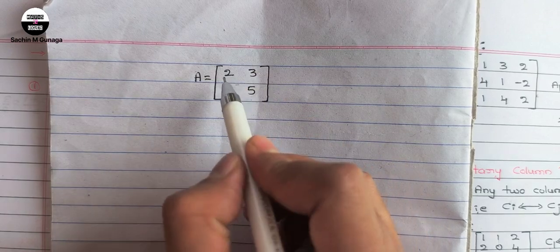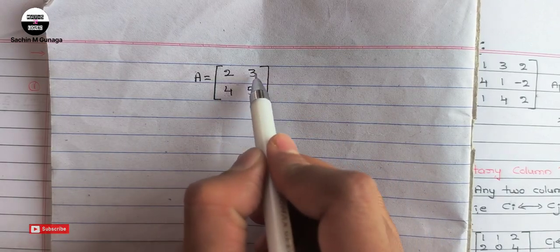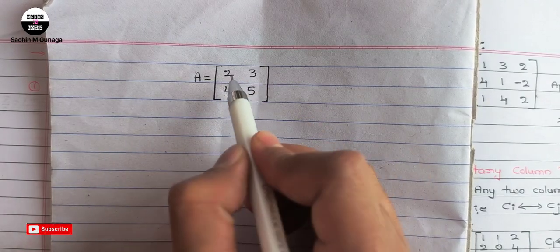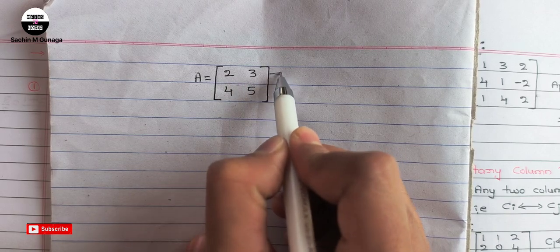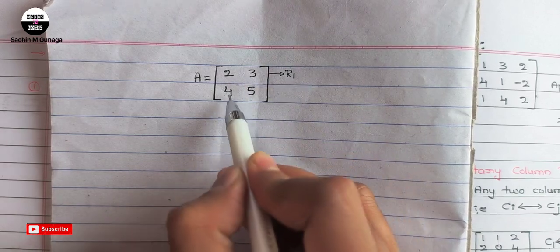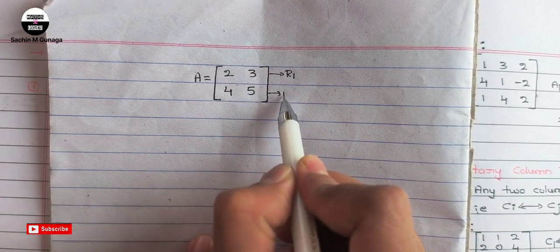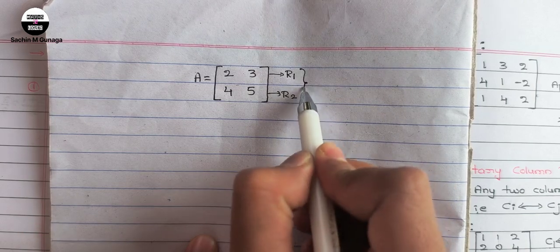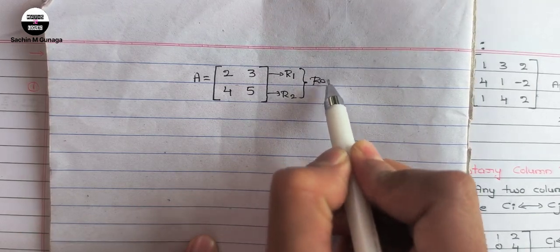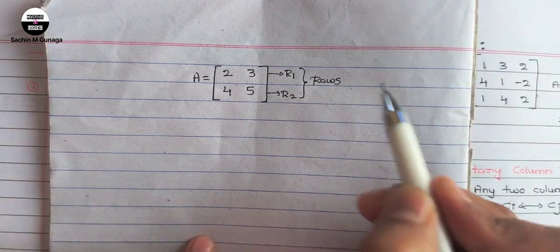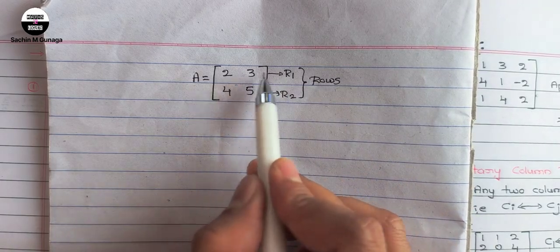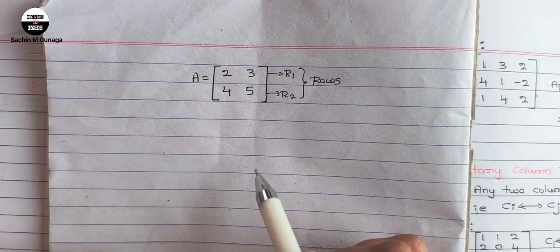So remember this: the horizontal lines of numbers, 2, 3 we call R1, and 4, 5 we call R2. Together R1 and R2 we call rows. That is, a row means a horizontal line of numbers.